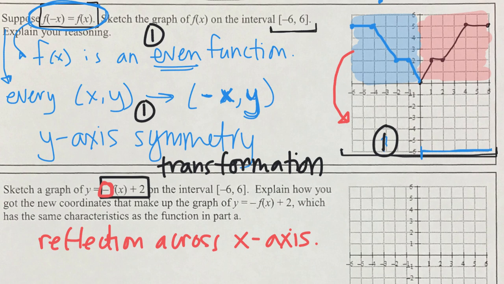Remember, f of x is your y values. Positive y values are above the x-axis. Negative y values are below the x-axis. So first it says reflect across the x-axis, and then we have to translate each point 2 units up.